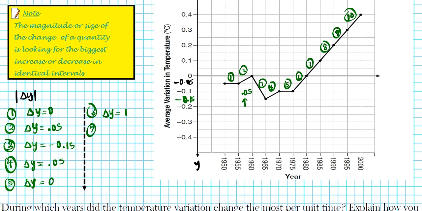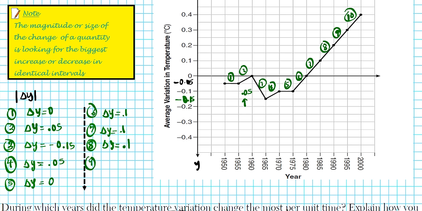Interval 7, what do you think that's going to be? Interval 7, 1, 2, that's a rise of 0.1. Interval 8, what do you have? 1, 2, that's a rise of 0.1.